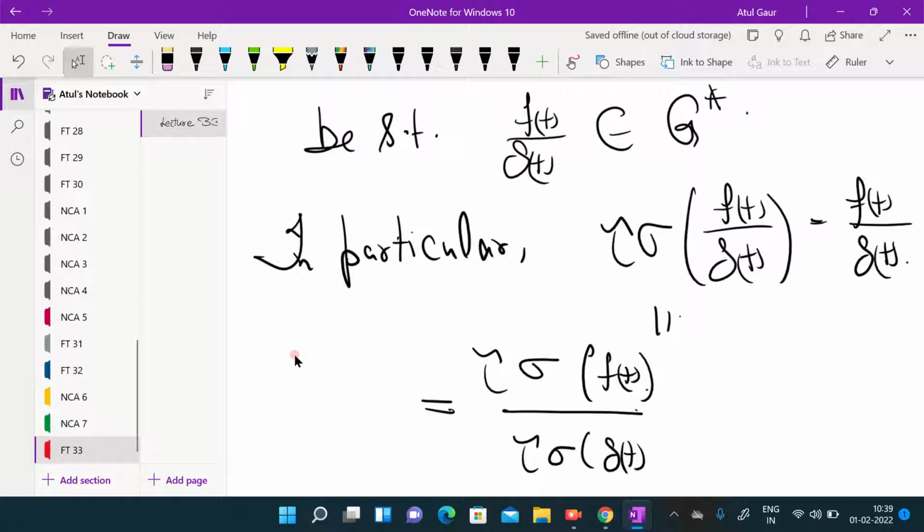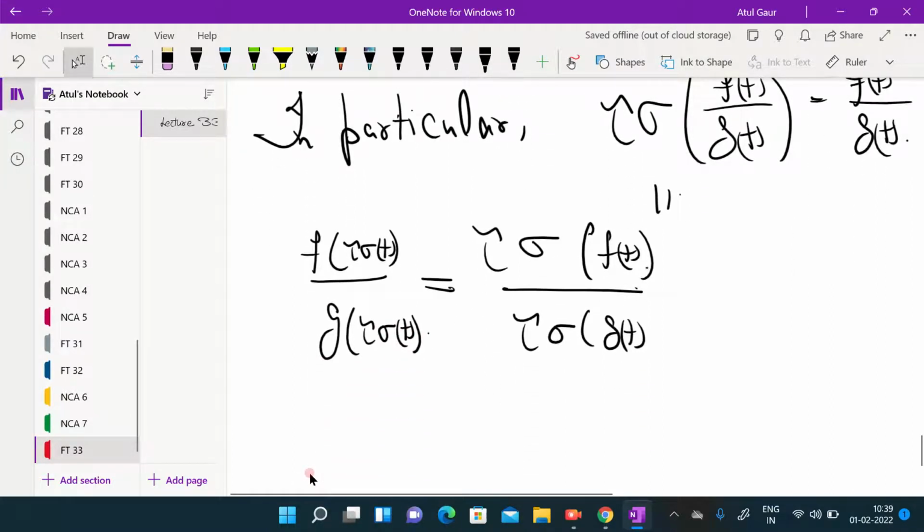So tau and sigma both are K-automorphisms, fixing elements of K. So tau sigma f(t) is the same as f of tau sigma t. This is f of tau sigma t. This is g of tau sigma t, right?